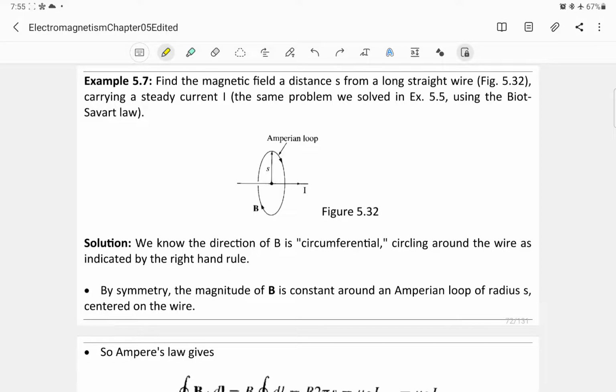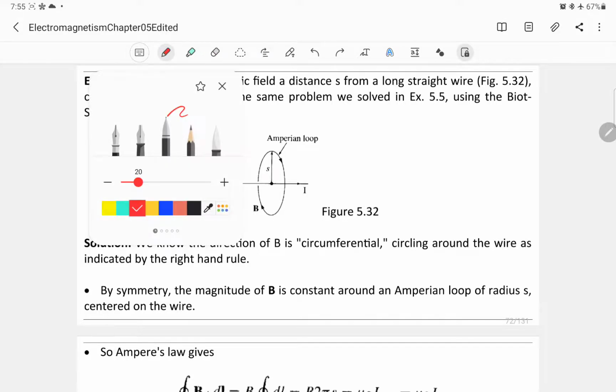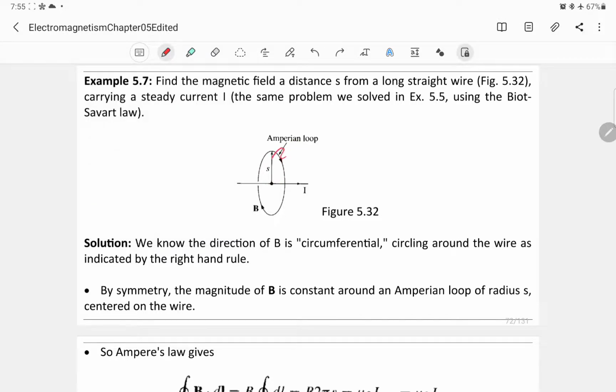So your magnetic field will actually curl around this circle. So that is your magnetic field.